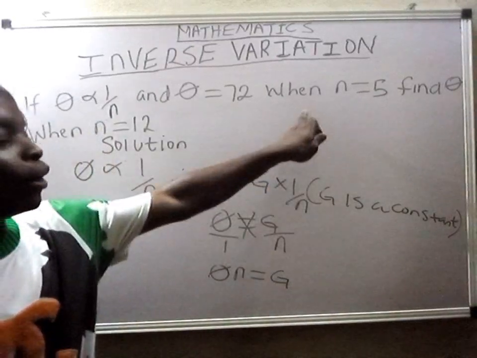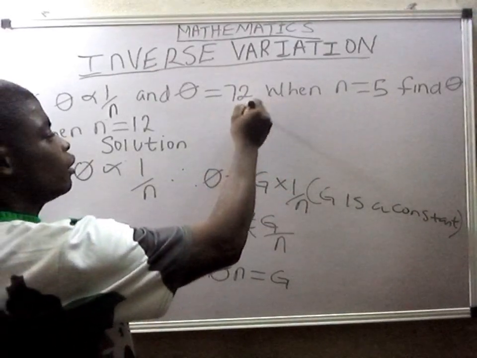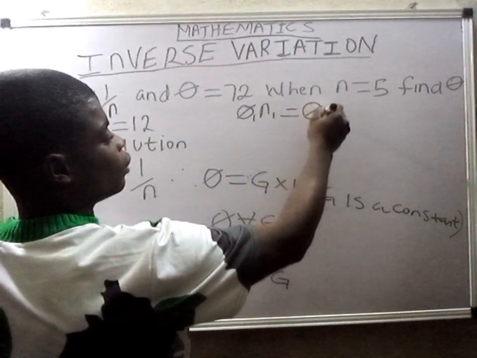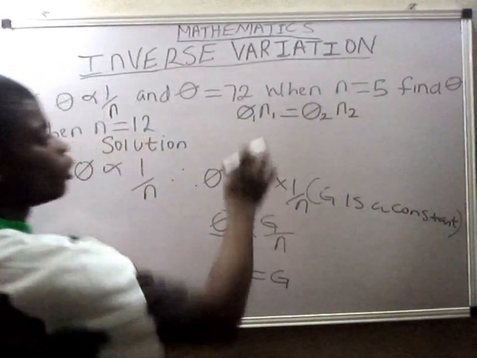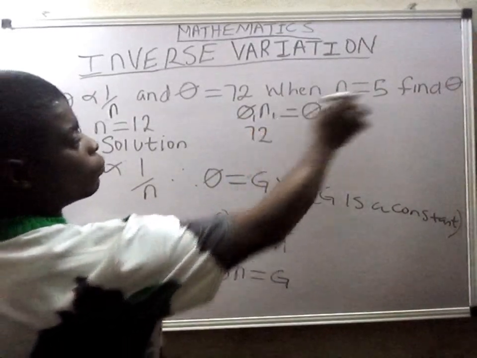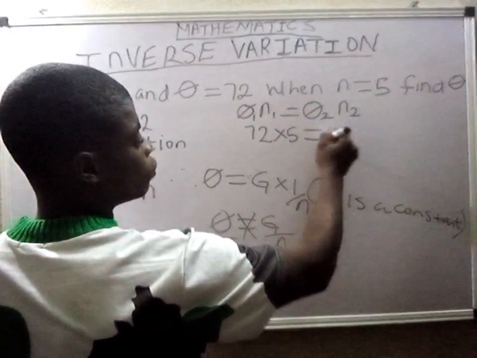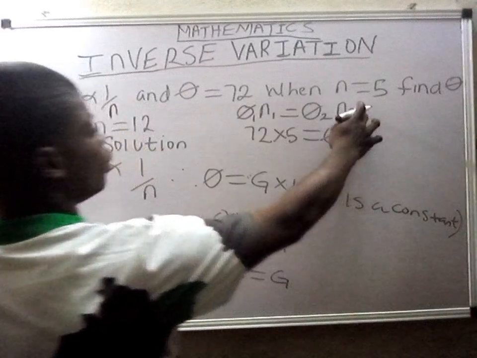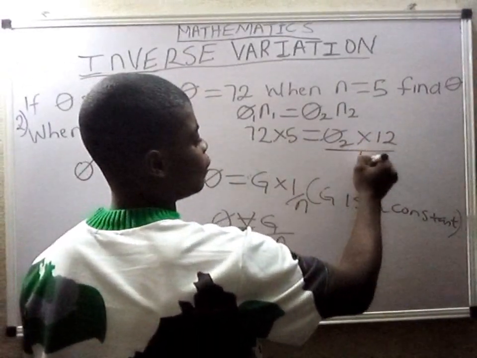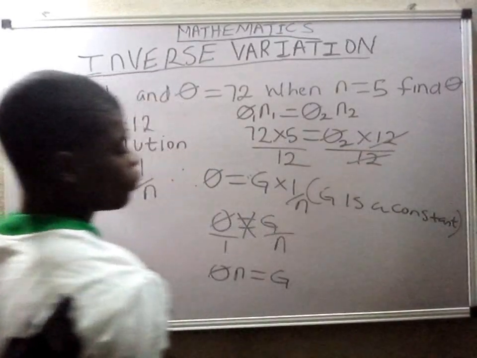We have to substitute the values for theta and n. So say that theta 1 n 1 equals theta 2 n 2. The value for theta 1 is 72, while n 1 is 5, times 5 equals theta 2 unknown times your n 2 is 12. So in this case, divide both sides by 12, so we can get the value for theta 2.